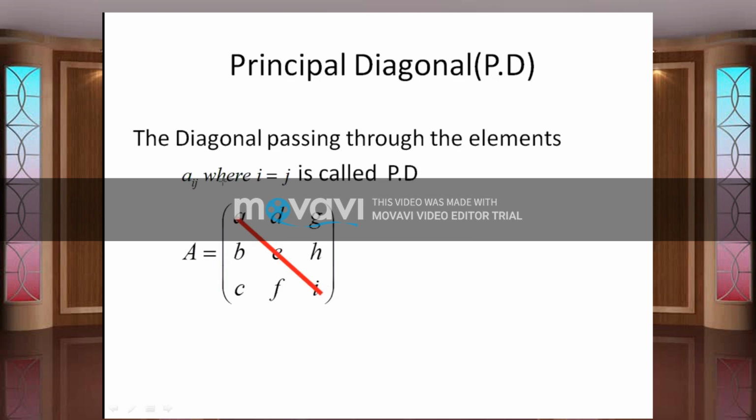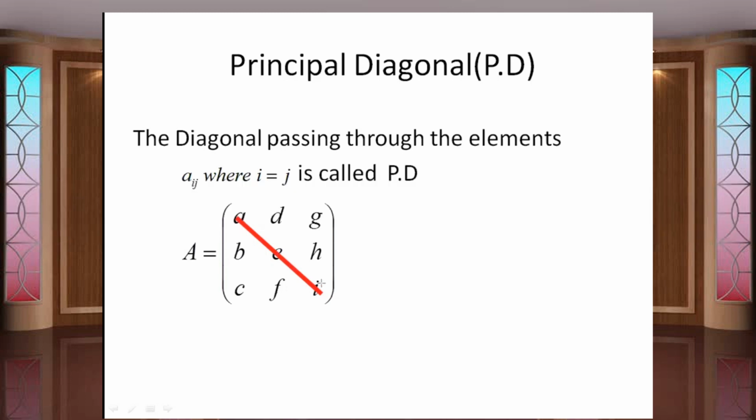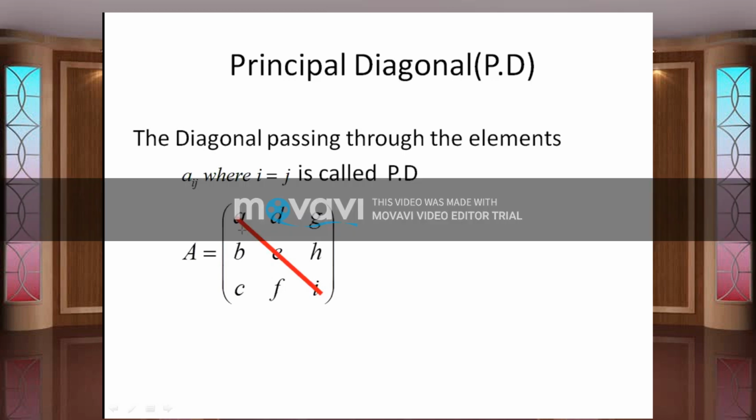That means Aij where i equals j is the leading diagonal or principal diagonal or the main diagonal. Okay, this is the main diagonal or major diagonal, and the other one will be the minor diagonal. So now we have learned what the diagonal elements are.